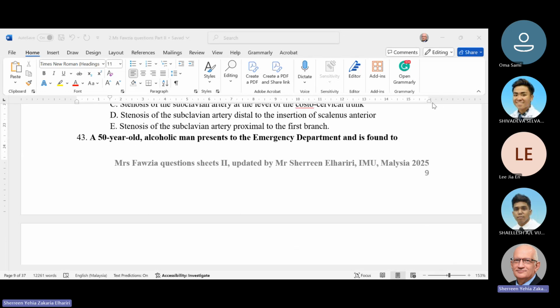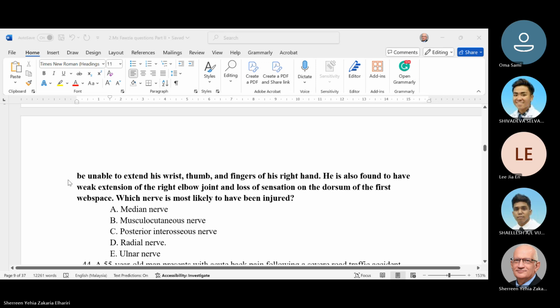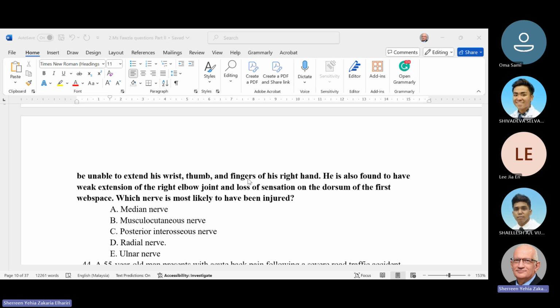The next question is about a 50 years old alcoholic man who presented to the emergency and was found unable to extend his wrist, thumb and fingers. Usually extensors are supplied by branches of the posterior cord, which are radial and posterior interosseous. He is also found to have weakness in extension of the right elbow joint and loss of sensation of the dorsum of the first web.